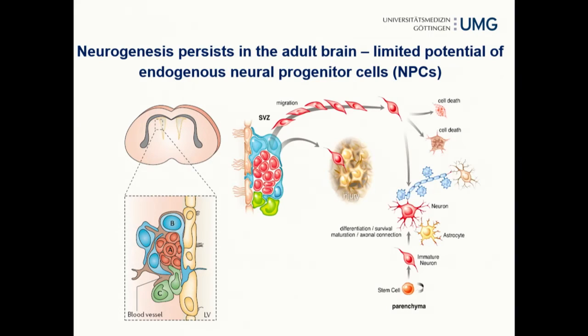Upon induction of cerebral ischemia, these cells, these NPCs, migrate towards the site of lesion where they proliferate and finally differentiate into neurons. The problem with this approach is that both survival rates and differentiation rates of these cells are pretty low. So if you want to use this phenomenon of neurogenesis, you have to manipulate these cells.